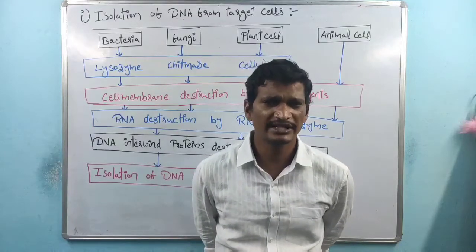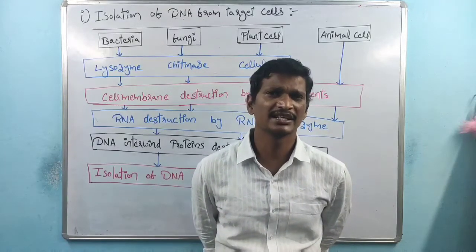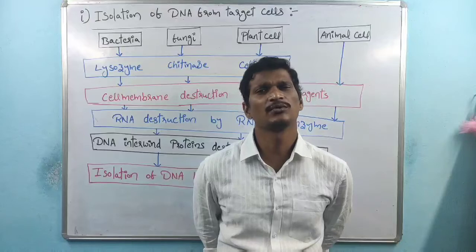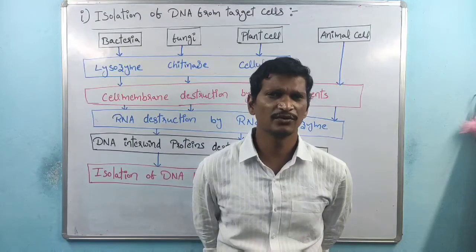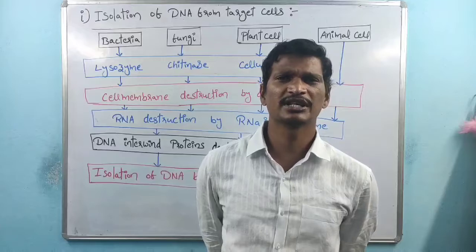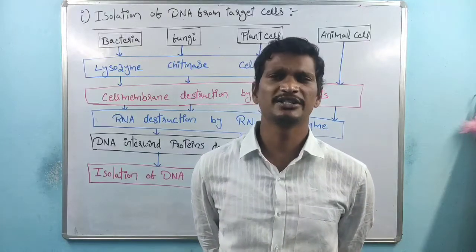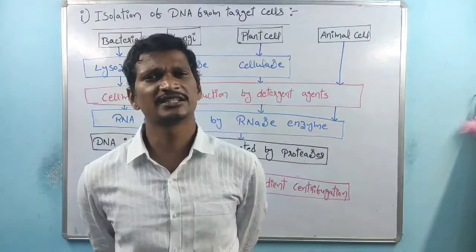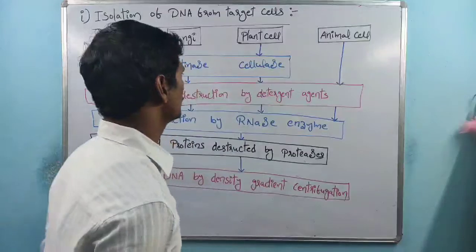If I want to isolate the DNA from the bacteria cell, I need to cleave the cell wall. The cell wall is cleaved by the lysozyme enzyme.